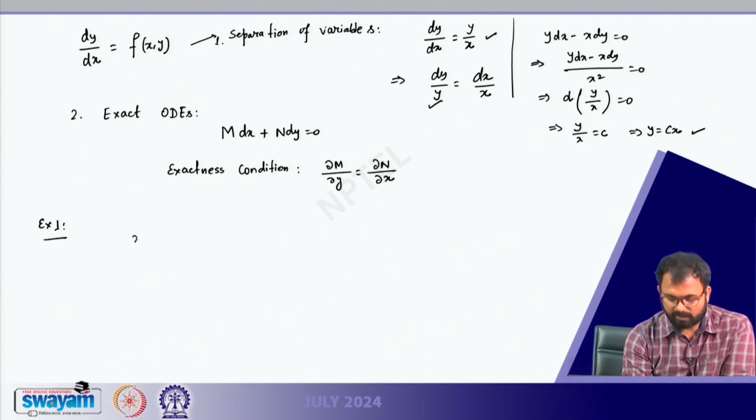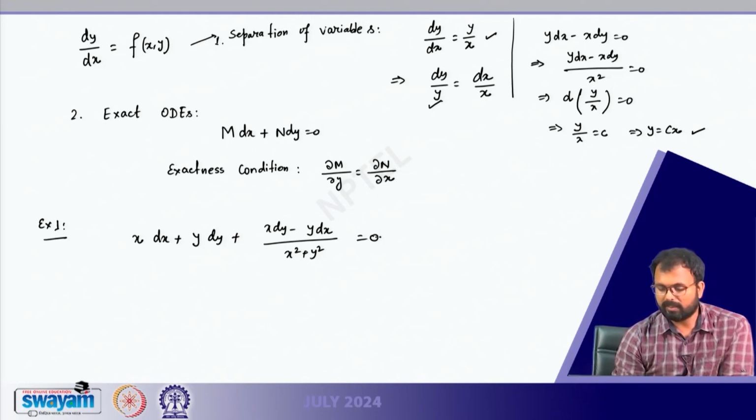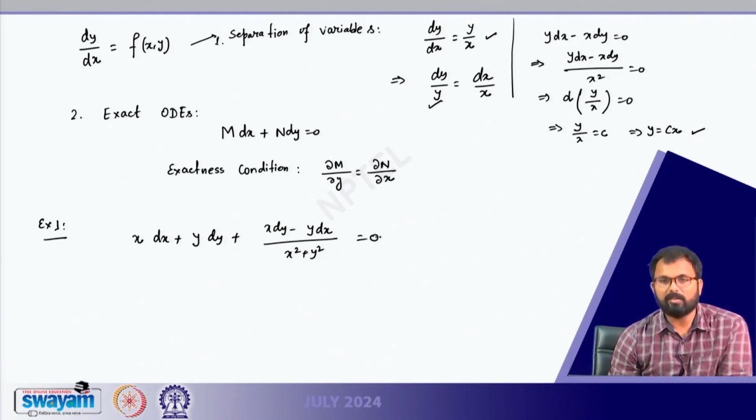So, I can write x dx plus y dy plus x dy minus y dx divided by x square plus y square, right. So, here in this case solving this equation is very straightforward, right. You just have to remember whether you are able to write it as a d of something.